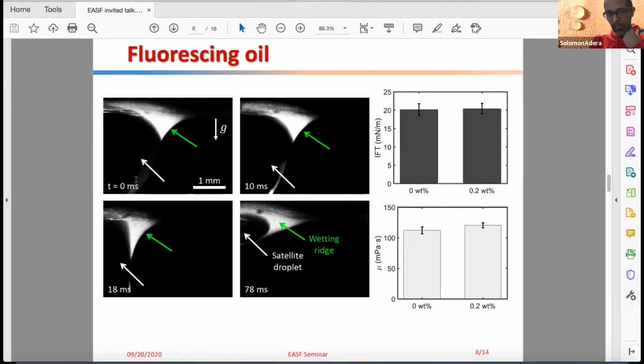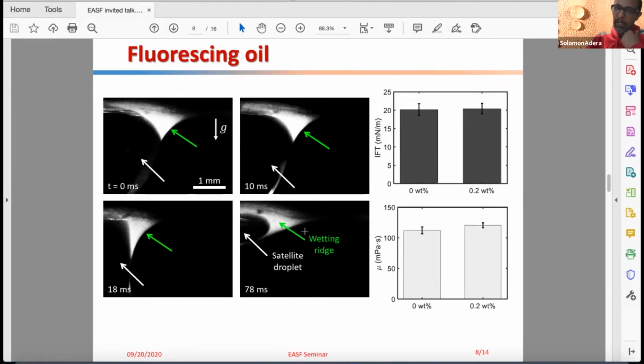When this droplet grows large, it falls due to gravity. The wetting ridge that forms underneath and surrounds the droplet rearranges itself. It's stretched when the droplet is falling; the droplet is almost like a large vertical column falling down, and the wetting ridge was stretched, but it rearranged itself after the droplet departed.